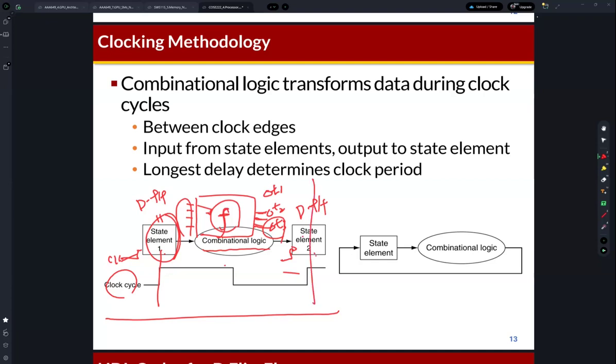These outputs also need to be provided to other functions, the next steps, right? In order to synchronize this timing control, these outputs are also sampled by another D flip-flop. So we can provide the synchronized signal to the next function block, like the next combinational logic. That's how digital systems are designed.